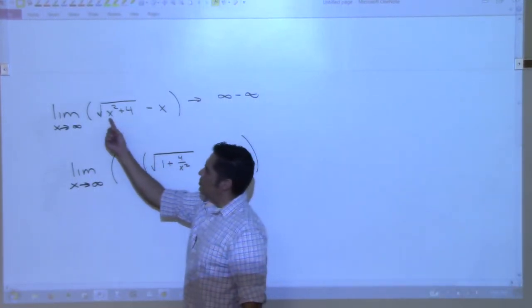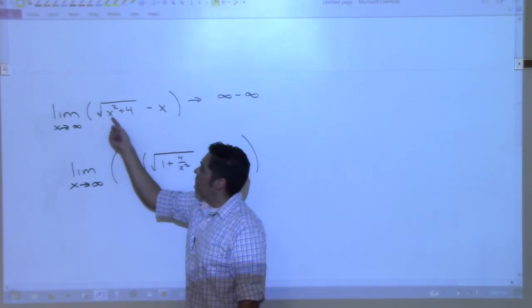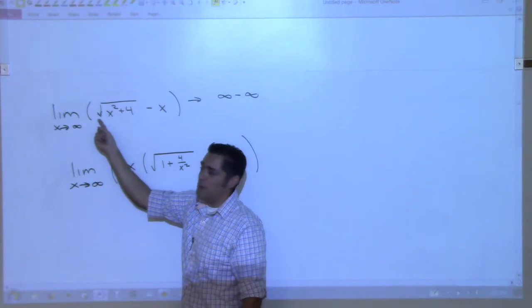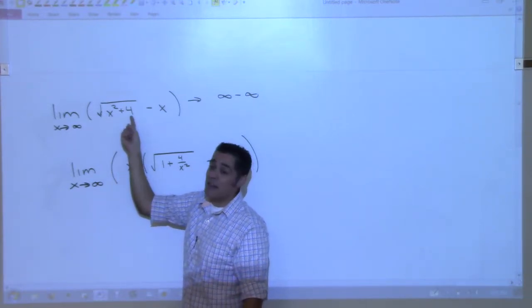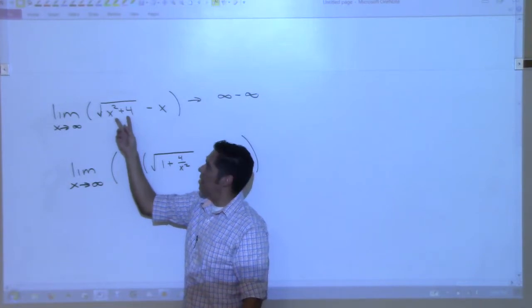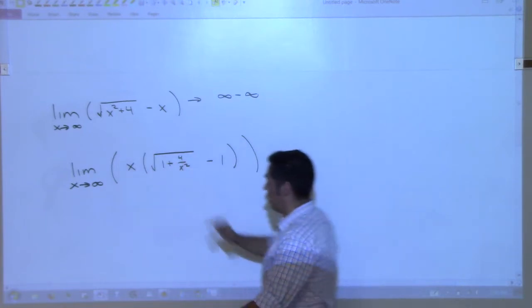I took this x squared right here and factored it out. If that x squared was able to come out, then it would come out as an x, wouldn't it? But I can't pull an x squared out of both of these because this one doesn't have an x squared. So here's what I did.